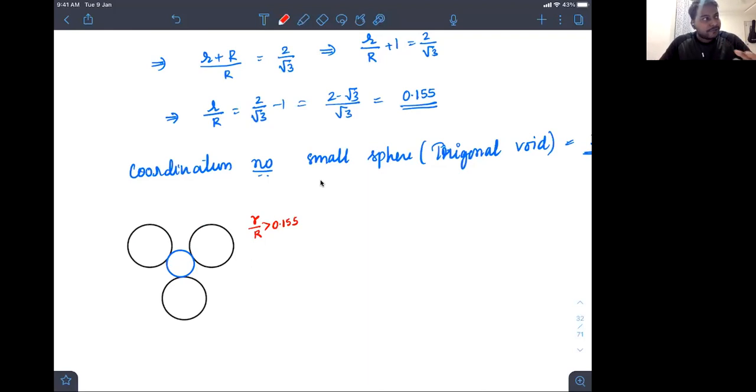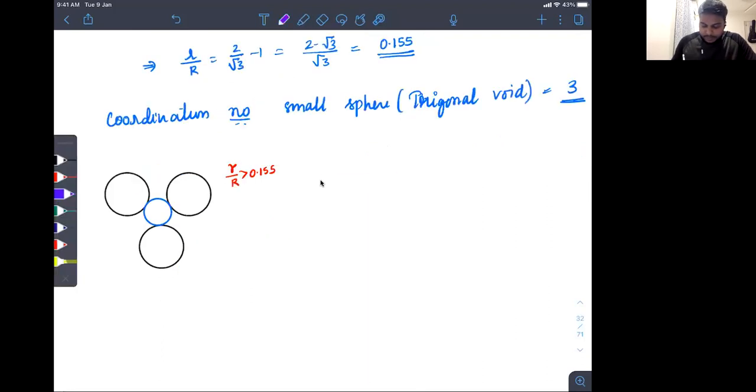No. If it is a solid crystal, this atom has a certain limiting ratio up to which only it can touch three atoms. The minute it starts growing beyond that ratio, beyond that radius, it will not touch three atoms, rather it will touch four atoms now. So in that case, this is not the void anymore, correct? It is like this. Imagine this. I would try to explain in a simple way.